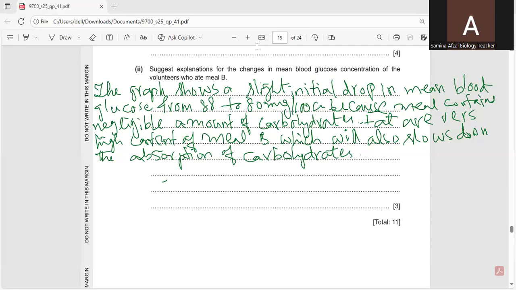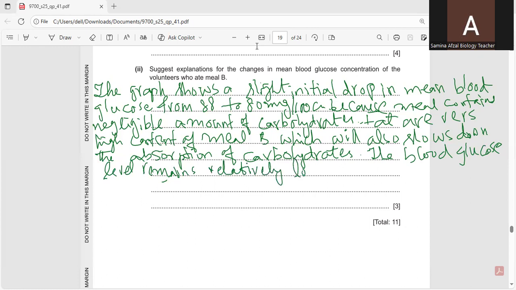The blood glucose level remains relatively low and stable.